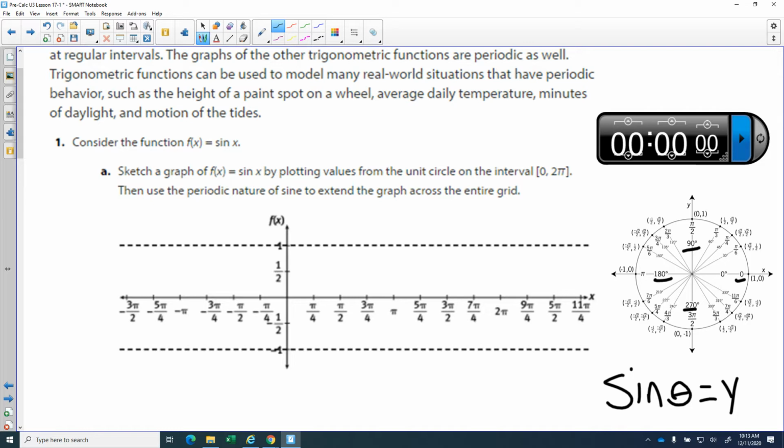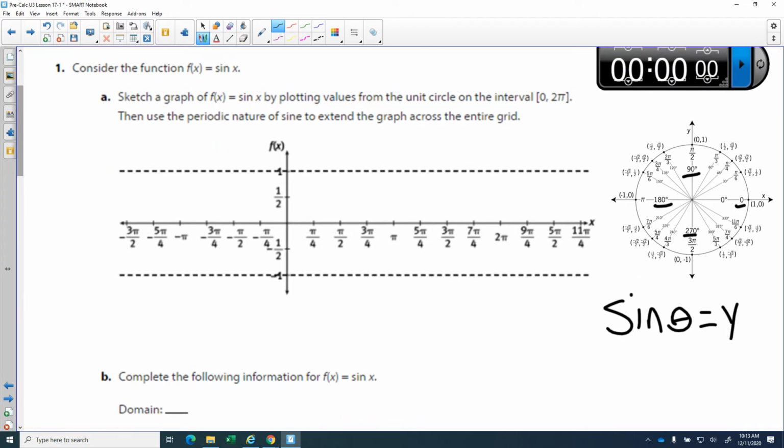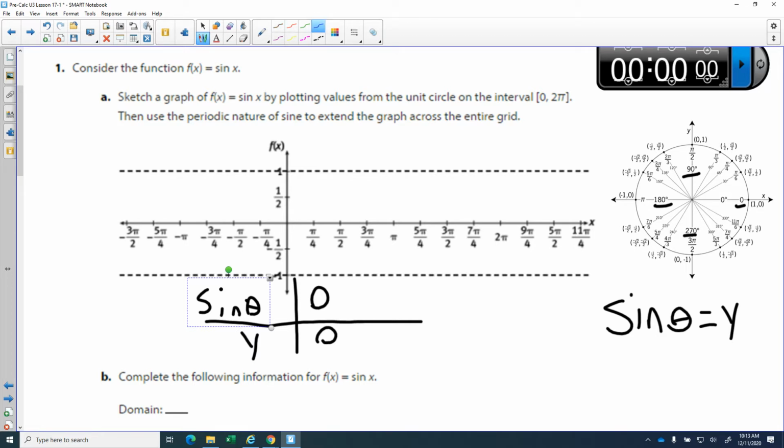For example, if I were to graph out the sine of 0, let's say I have the equation sine of theta, if I plug 0 in, my y value comes out to be 0, because if I look at my unit circle at 0, my y value is 0.